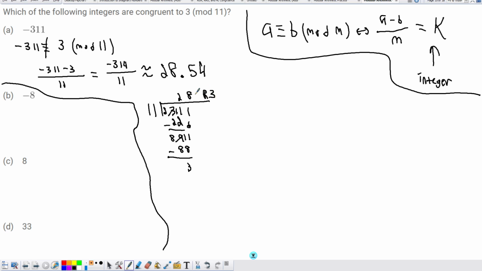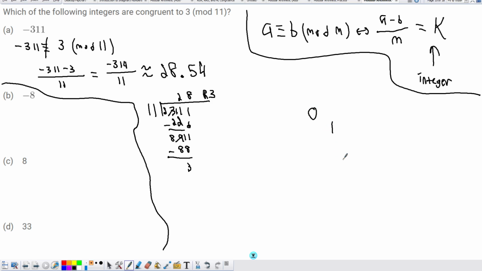But that is when 311 was positive. It's not positive, it's a negative. So what do we do? Well, if you remember, we can represent the modulo system in a cyclical way, where in mod 11 we start at 0.